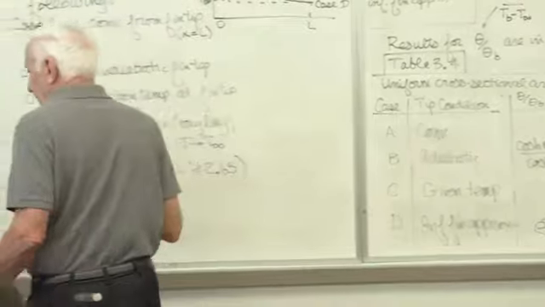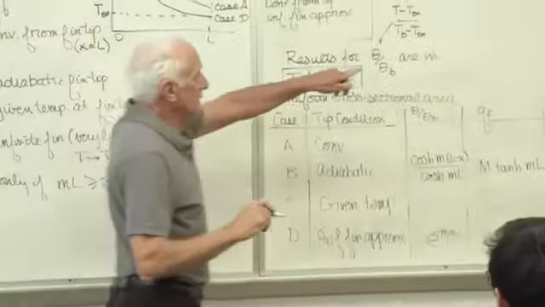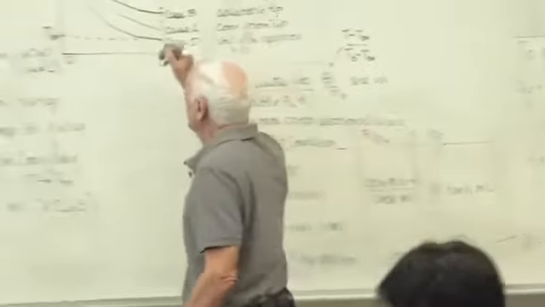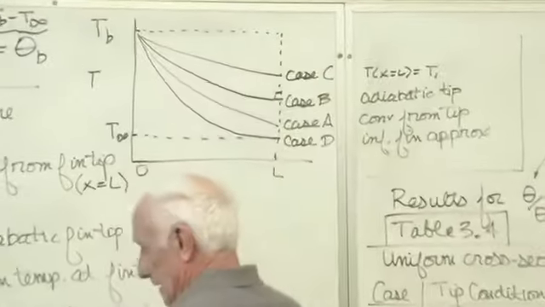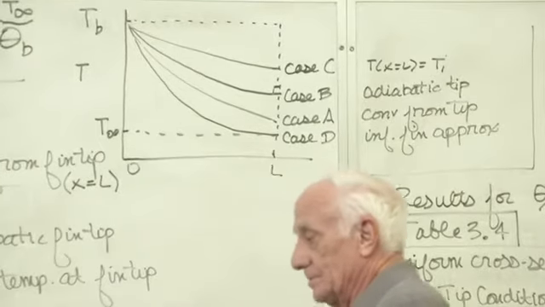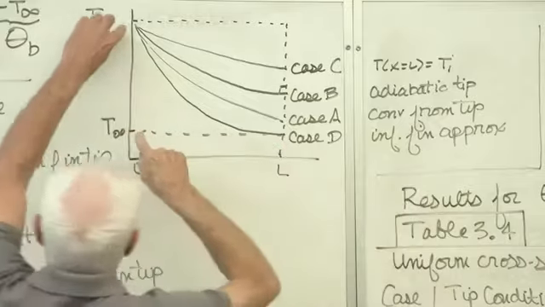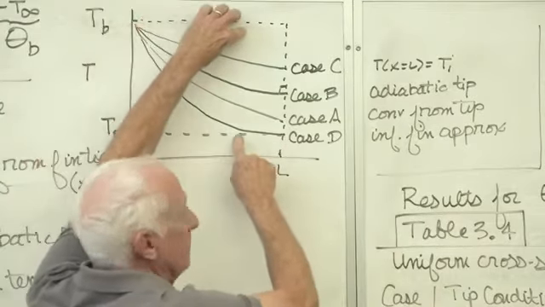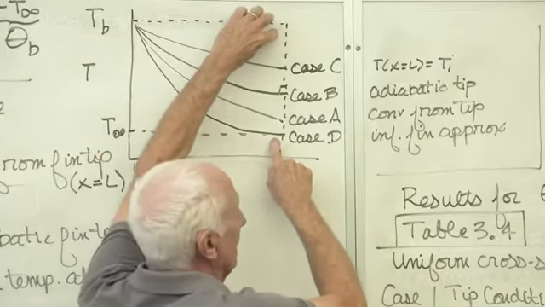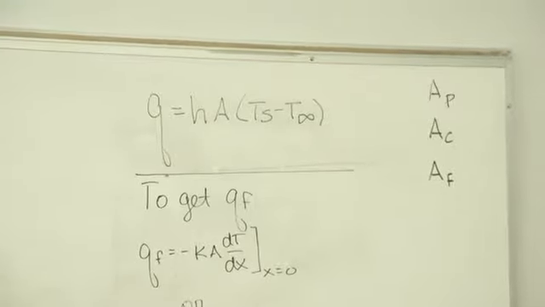So you say, well, what would give me a really big T_fin minus T infinity? Well, if the fin temperature was the same as the base all along the length, T_fin minus T infinity would be big, big, big. That's the best case.